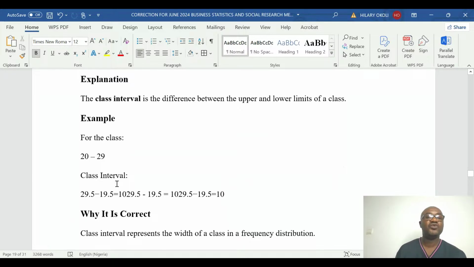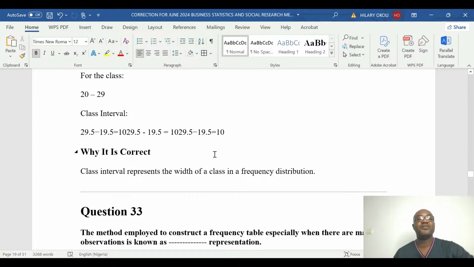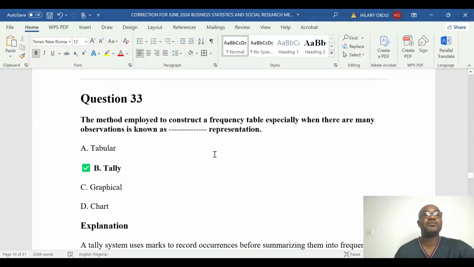For 20 to 29, the class interval is 19.5 to 29.5. So class interval represents the width of a class in a frequency distribution.